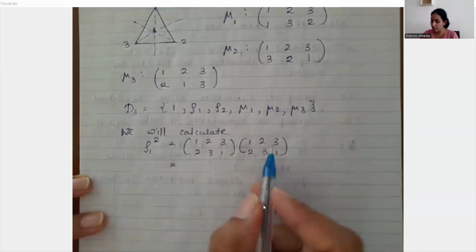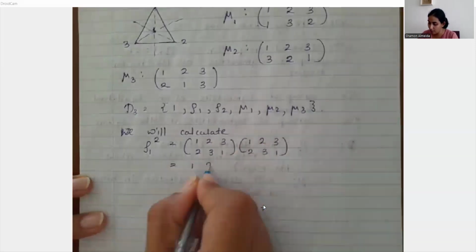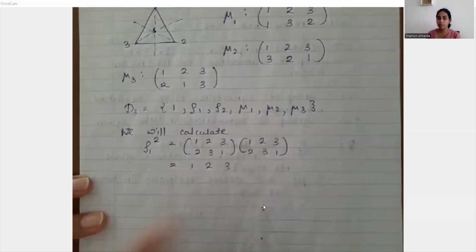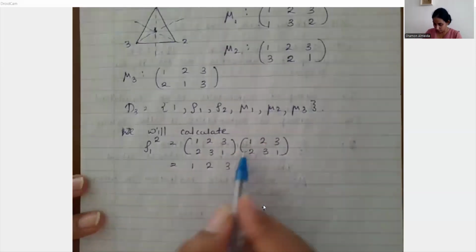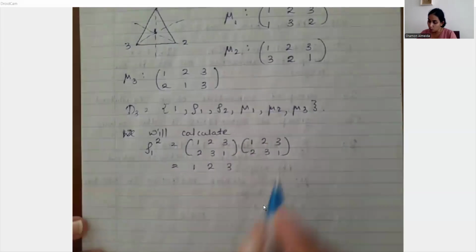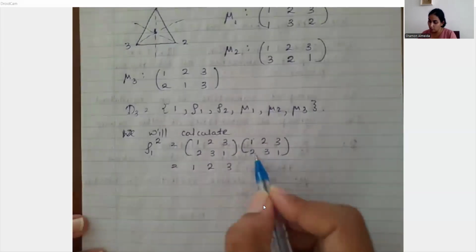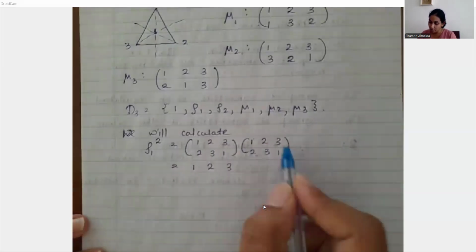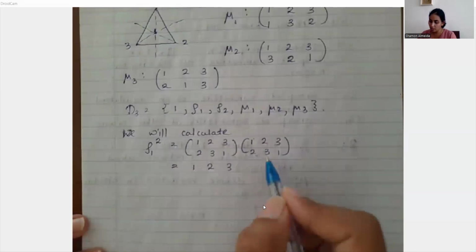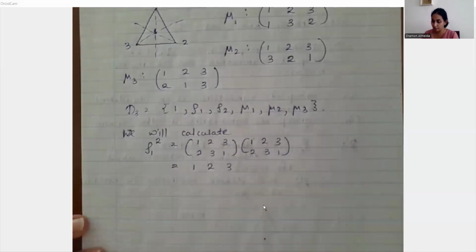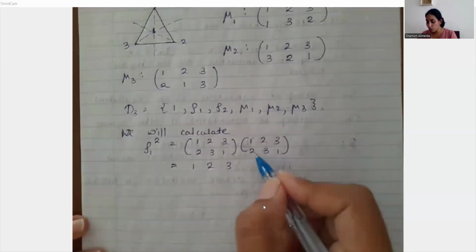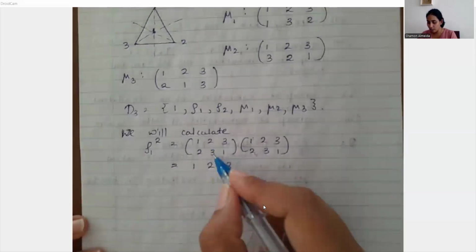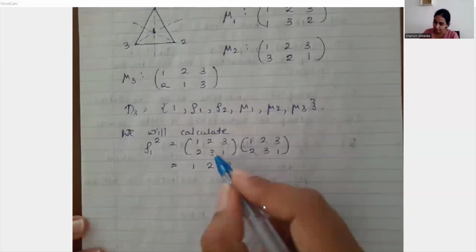What do we get? We start with this one. So we want to see where 1, 2, 3 will be sent to in this composition. So 1 goes to 2 over here. We always start with the permutation that's on the right in the composition, right? 1 will be sent to 2, 2 will be sent to 3. So in the composition, 1 will eventually go to 3.